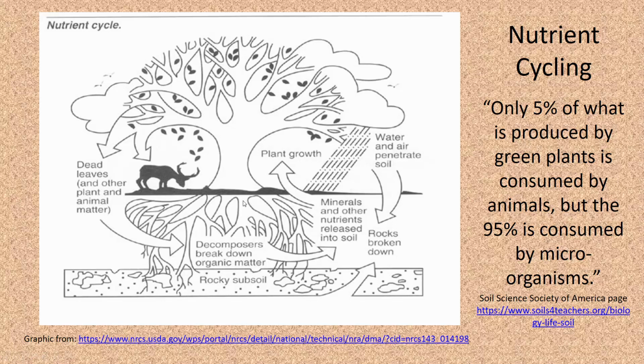As we said, the soil is critical as a way of cycling nutrients. So most of the plants grow up. Only 5% of the plant material that grows up on the surface is consumed directly by animals like this deer. The rest of it actually falls back to earth and is broken down on the soil surface.